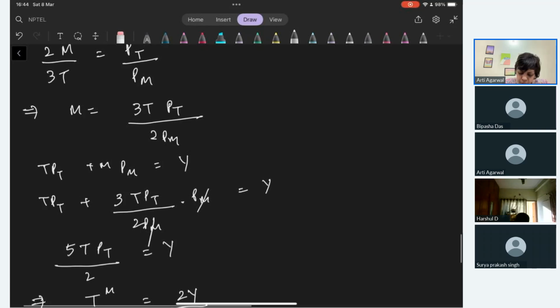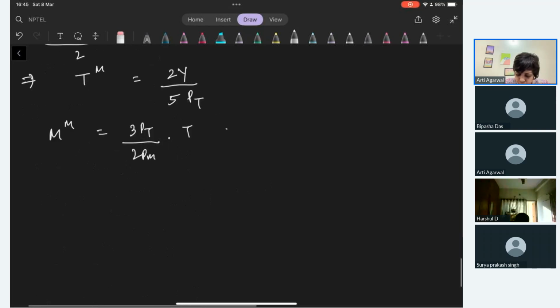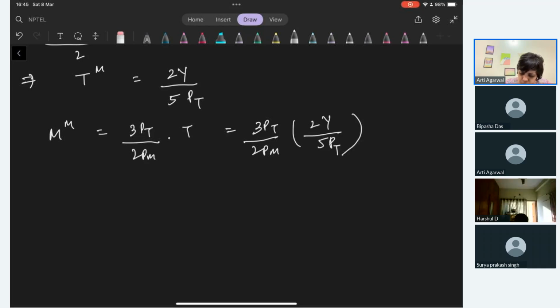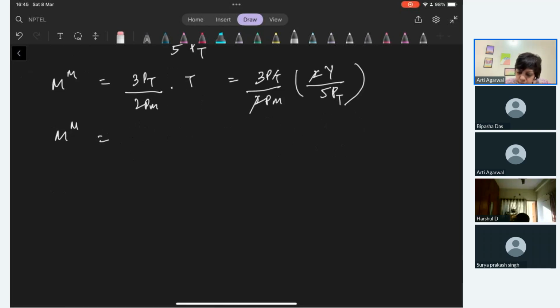We plug in the value of t here. This 2 gets cancelled. This pt gets cancelled. This gives you 3y by 5 pm. This is the expression for the Marshallian demand for m.